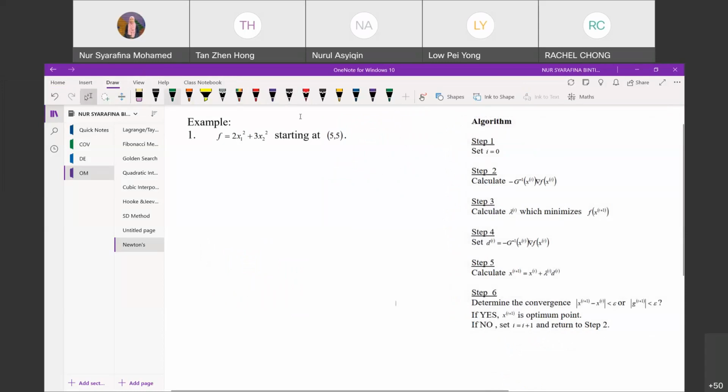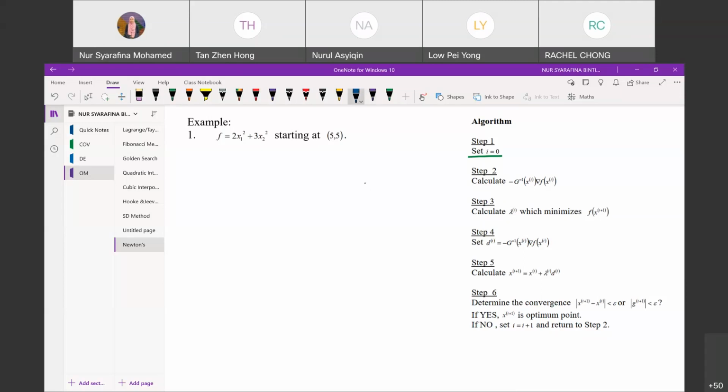Okay, so let's take a look at the algorithm. By using this example, we want to minimize the function starting at 5, 5. How can we use the method here? So now we start at i equals 0, right?